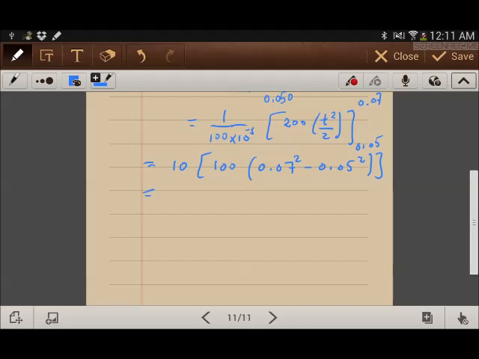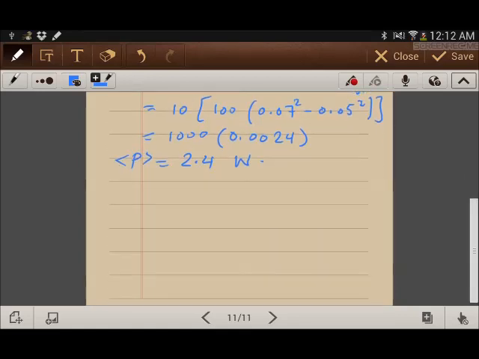So the answer will be 1000 multiplied by 0.0024, and the answer is 2.4 watts. This is the average power.